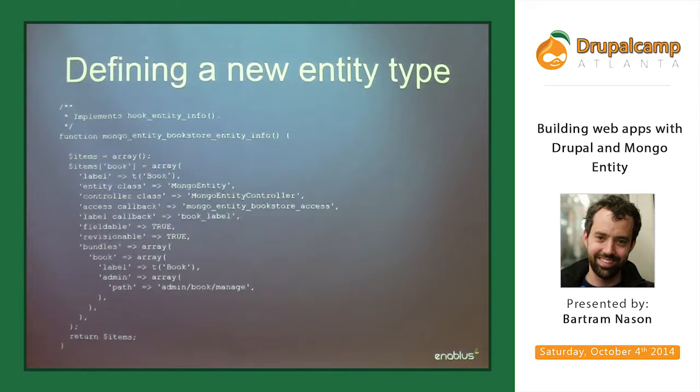You could have fiction bundles, nonfiction bundles, children's book bundles. You can have different types of the entity type that you're creating. Setting it to fieldable will allow you to create fields on the entity type. Setting it to revisionable, which I'm not sure is a word, but it seemed like it made sense, allows you to create entity revisions with Mongo Entity as well.